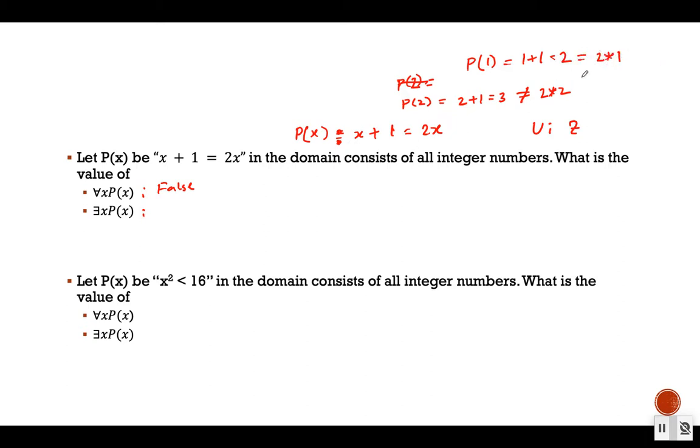So for this one, x + 1 = 2x is true. We found one value for which this predicate is true, so the statement with the existential quantifier is true. There exists a value of x in this domain for which x + 1 = 2x.